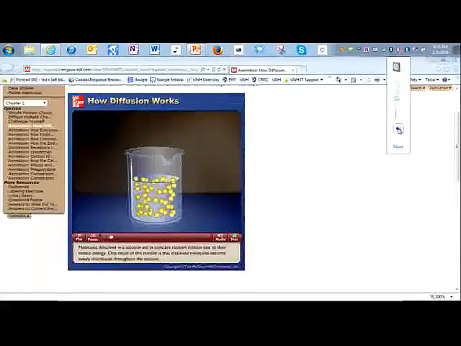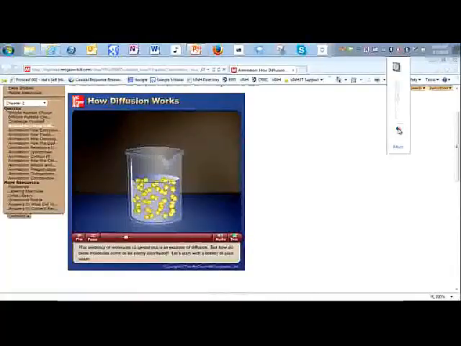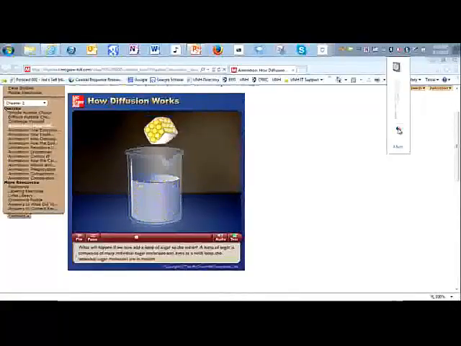So basically, what this is showing is random motion of molecules. The molecules are just moving around here, and they're evenly distributed throughout the solution, throughout that beaker of water. Now let's think about what happens if we put a cube of sugar into this water. You can see all the different molecules in the cube of sugar.